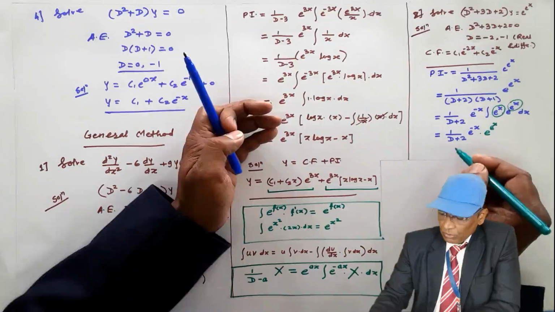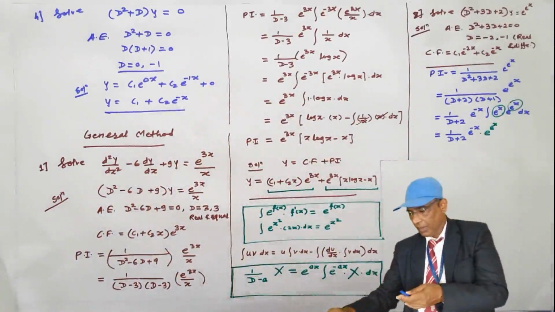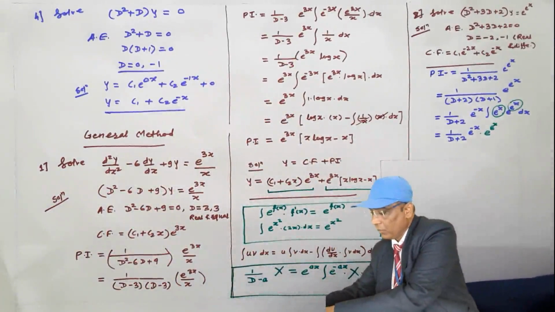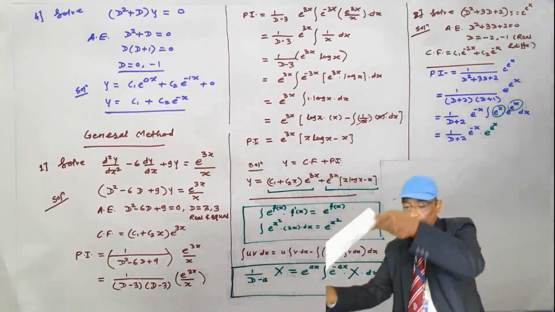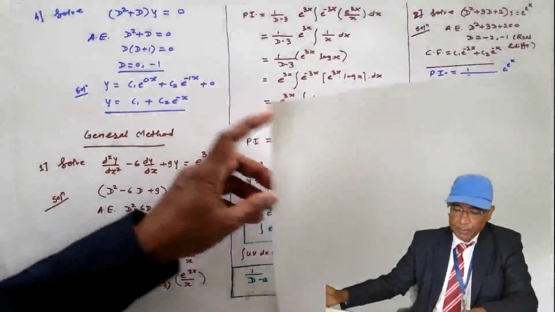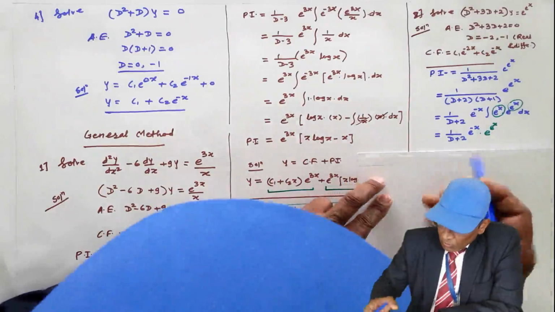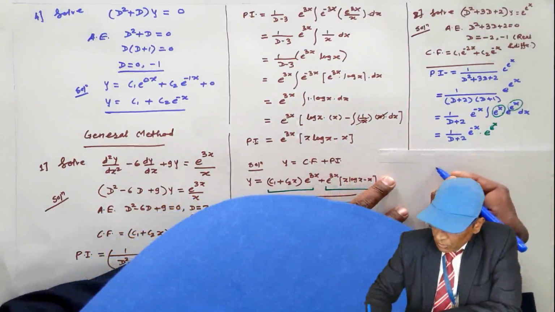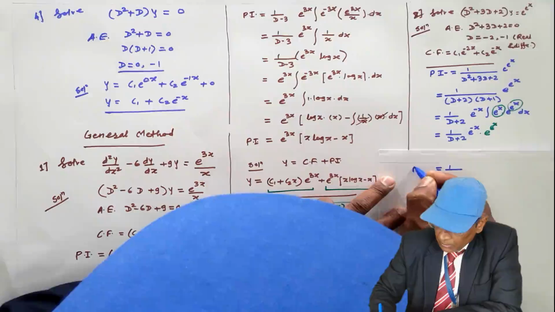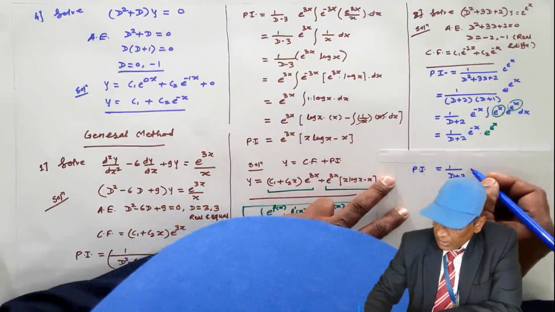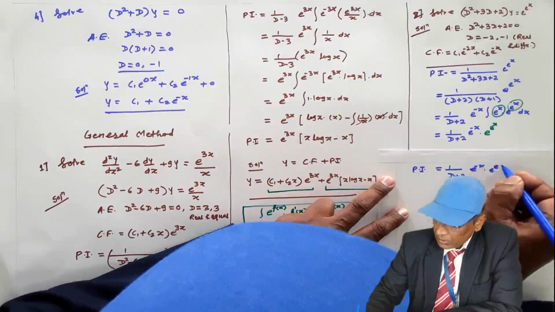Now we are going to operate the operator 1 by D plus 2 on e to the power minus x into e to the power x.